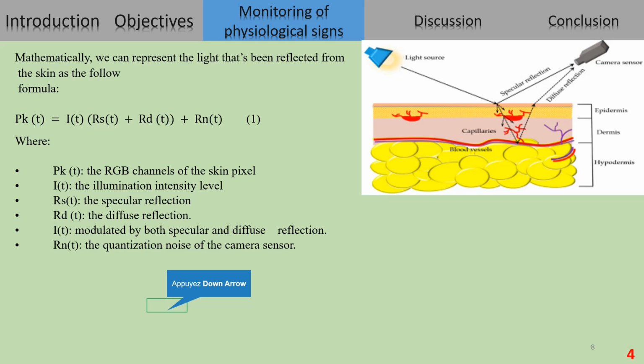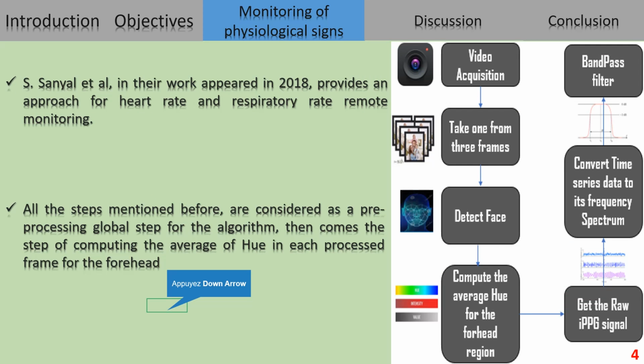We have Pk, the RGB channels of the skin pixel, Et, the illumination intensity level, Rs the specular reflection, Rd the diffuse reflection, It modulated by both specular and diffuse reflection, and Rn the quantization noise of the camera.